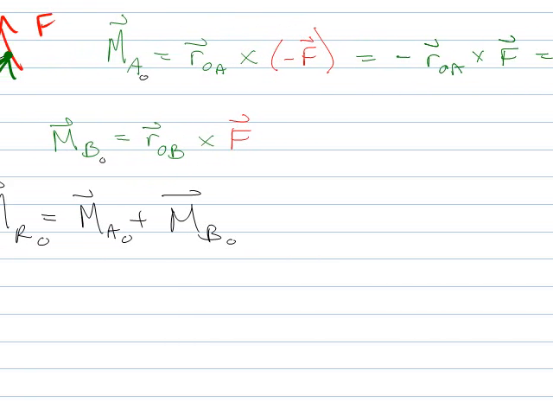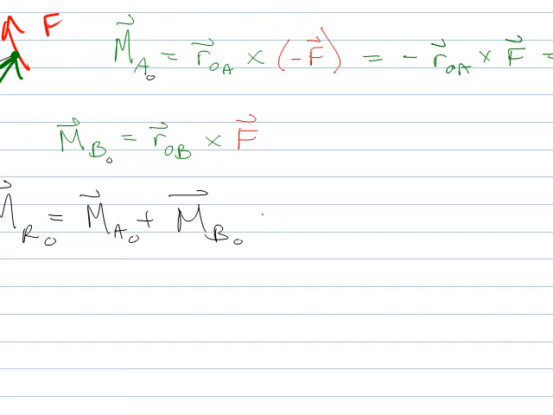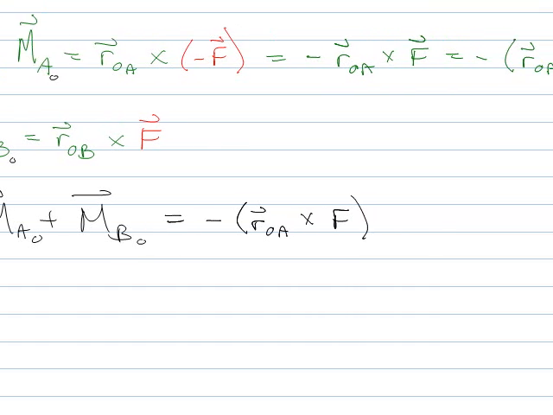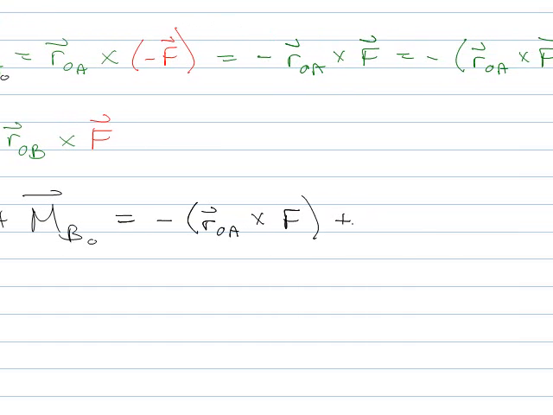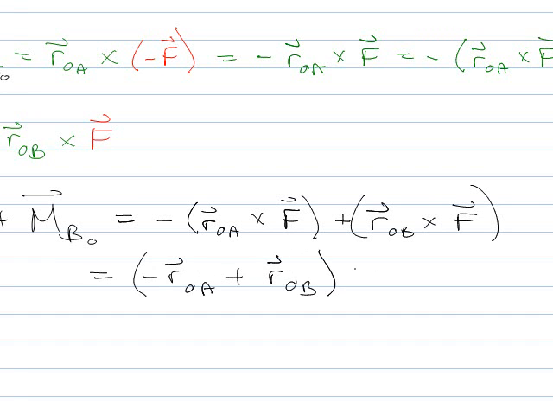Now I'm going to plug that into my resultant moment formula. So my moment around A would be negative ROA cross F. And then I'm going to add my moment around B, ROB cross F. Now, for my cross product rules, I know that I can, quote, factor out an F. So I've got negative ROA plus ROB crossed with F. That's a completely legitimate step to take.